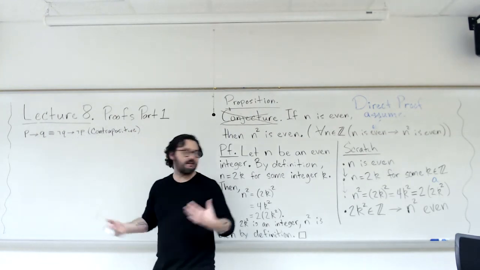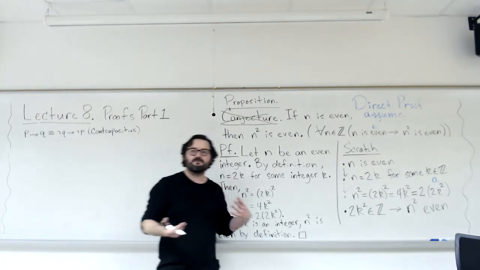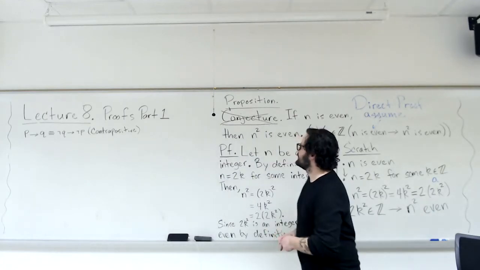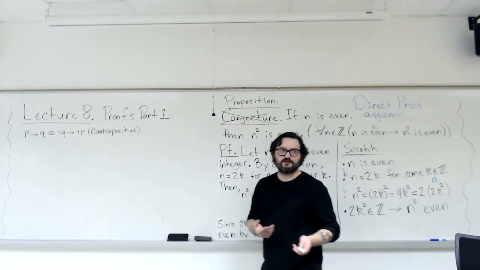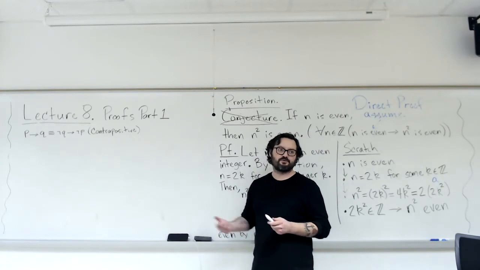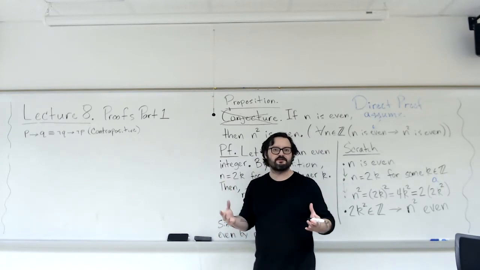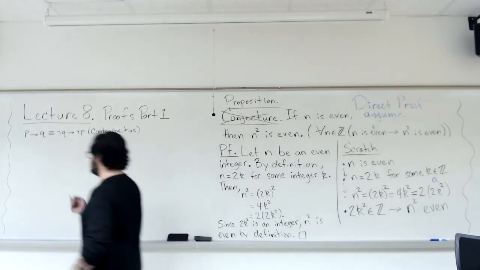So the statements we've been considering are conditional statements, right? So sometimes it won't be so easy to prove a conditional statement as it looks. For example, the following conjecture.